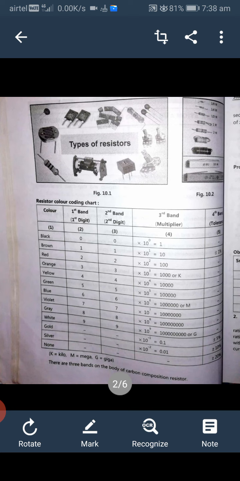The diagram of types of resistor is shown in the above diagram. The resistor color coding chart is also shown in the below diagram.